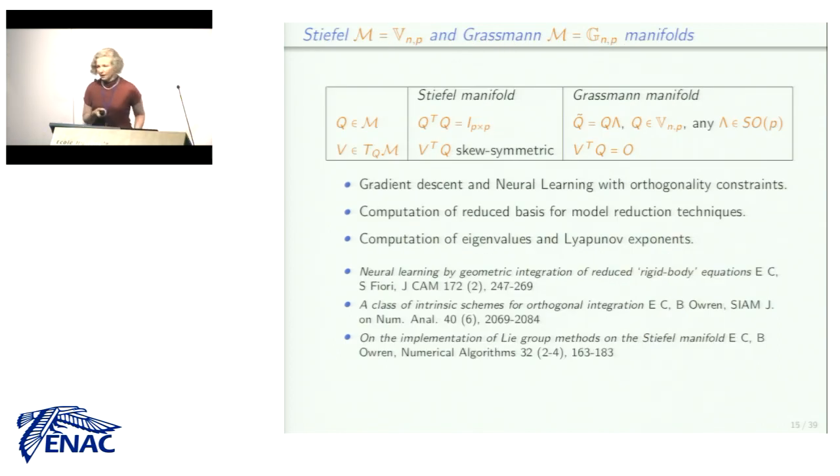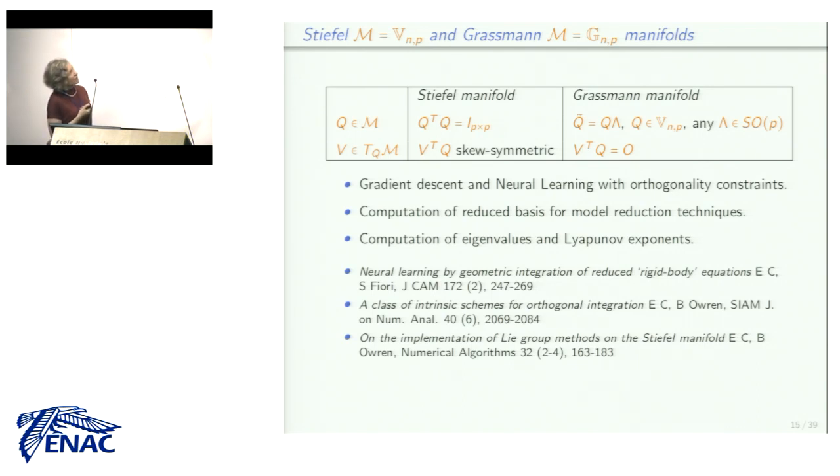All right. I promised that I was going to comment on some applications, and just to convince you that this homogeneous space formulation, or formulation with Lie group action, has some importance.